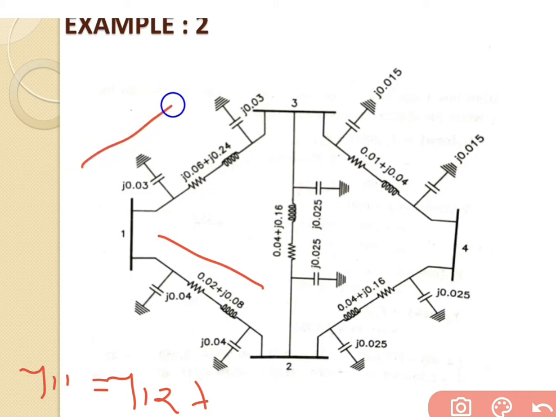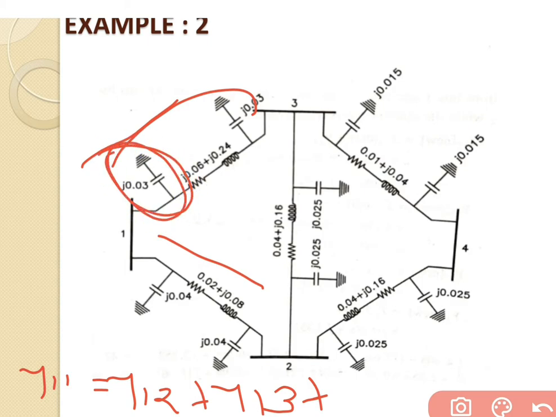The second one is connected between 1 and 3, so it is written as y13, plus the last term, the shunt admittance at bus number 1, which is written as y10.